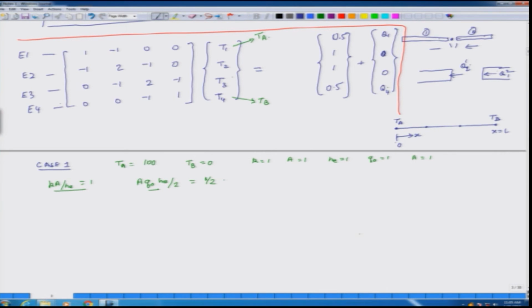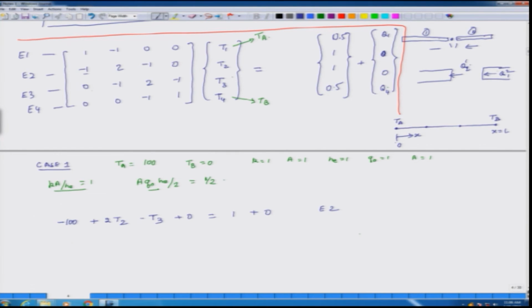So, with these prescribed boundary conditions I am going to write equations 2 and 3. My equation 2 is minus 1 times T A and T A is 100. So, it is minus 100 plus 2 times T2 minus 1 times T3 and 0 times T4, and that equals F2 which is 1 plus Q2 which is 0. Okay. So, this is my equation 2. The second equation is equation 3.